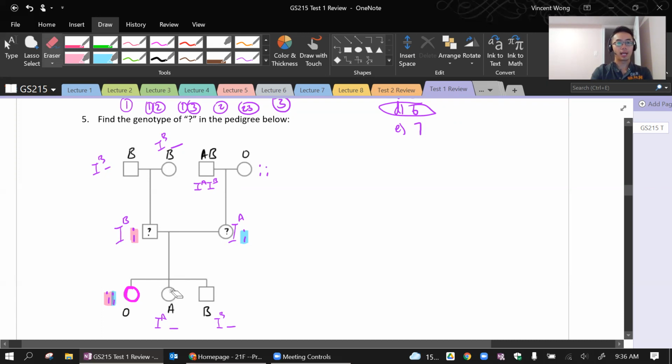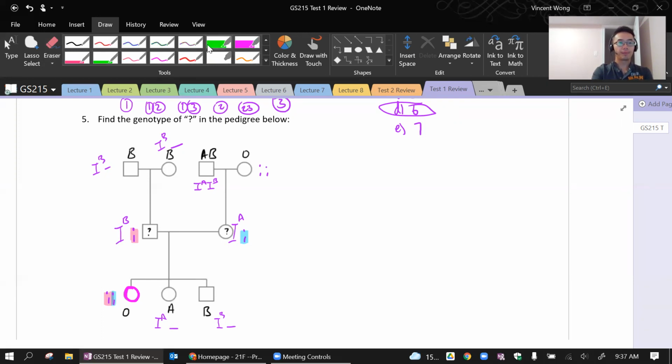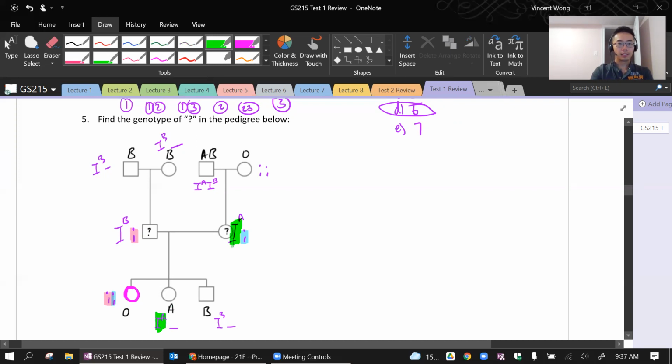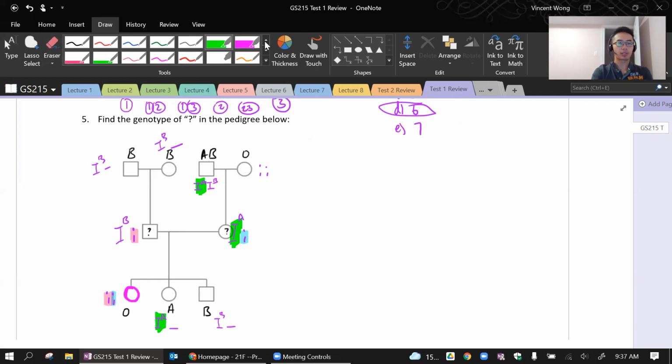So the A has to come from the mother's side. We cannot tell for sure whether the grandparents are heterozygous or homozygous. They could both be IB small i. What we do know is at least one of them must be IB small i. We cannot tell which one, but at least one has to be. So those would be the genotypes for the question marks.